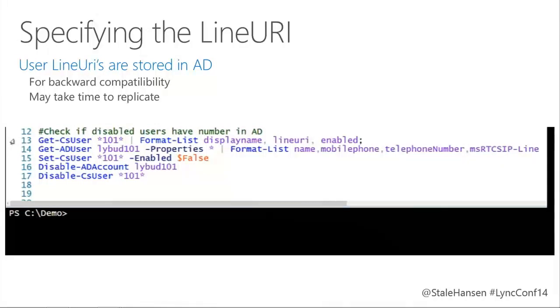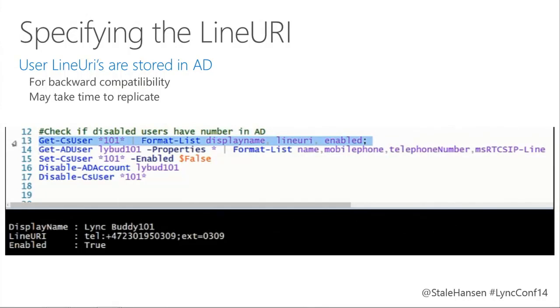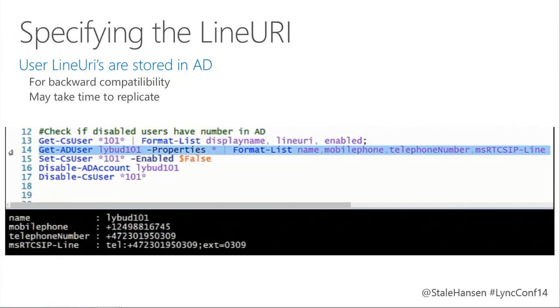So the line URI is stored in Active Directory as well, and that is for backward compatibility. We can check what line URI a user has by using the Get-CsUser cmdlet, formatting by showing the display name and the line URI, which will give us the line URI the user has. If we do a Get-ADUser, we can find the number as well.